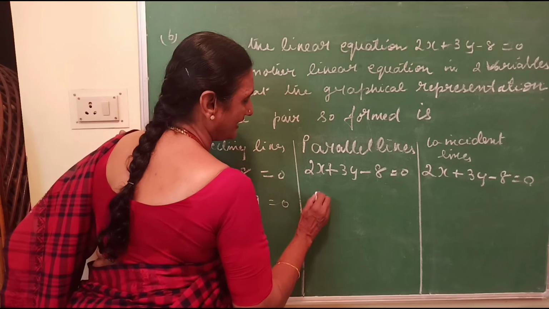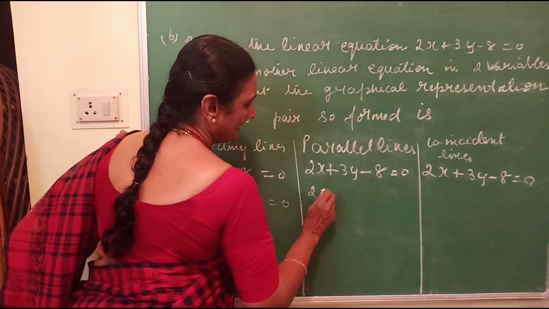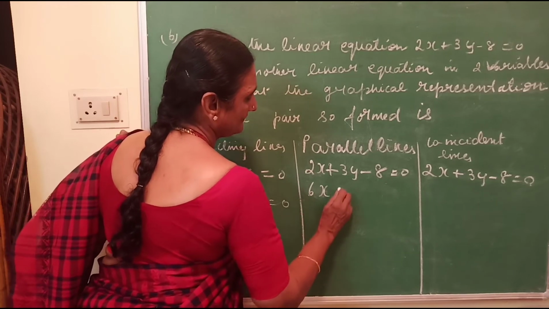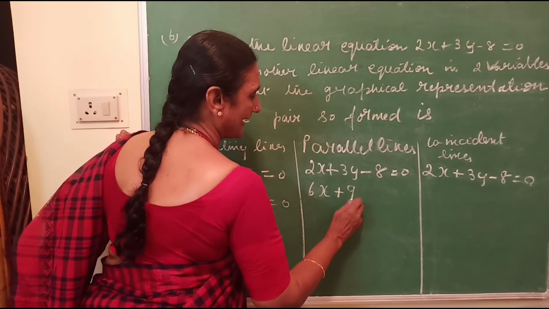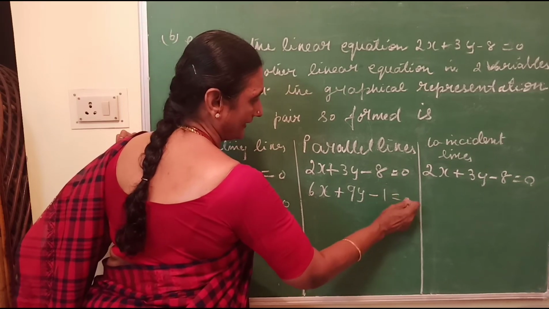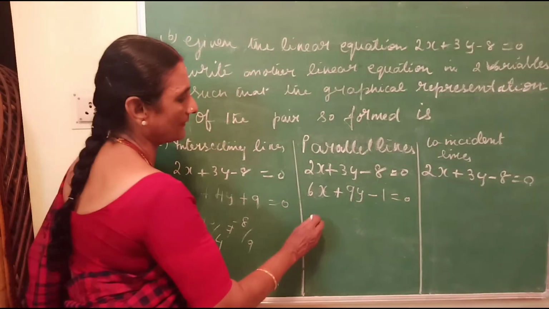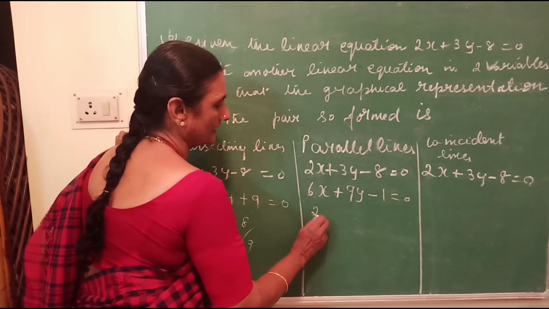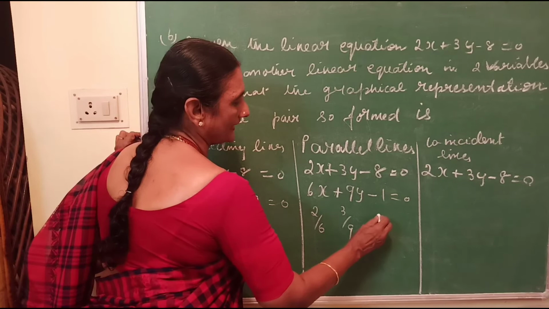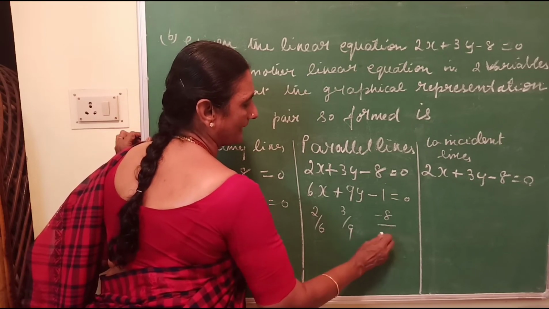Multiply this by 3, you will get 3 2s are 6x. So we can write 2 into 3, 6x for the x term, and then 3 3s are 9, I can take 9y, and you want the constant to be 1, okay, let it be like that. So what will happen if you take a1 by a2 is equal to 2 by 6, and b1 by b2 is 3 by 9, and c1 by c2 is minus 8 by minus 1.